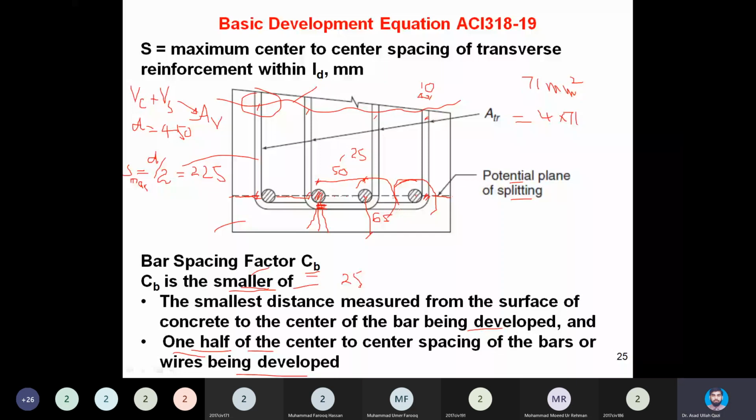In our case, it is 25 rather than 65. So 1/2 of the center to center means actually how much radius is available from center to the circumference of the circle, which is the pressure circle generated by the tangential component.